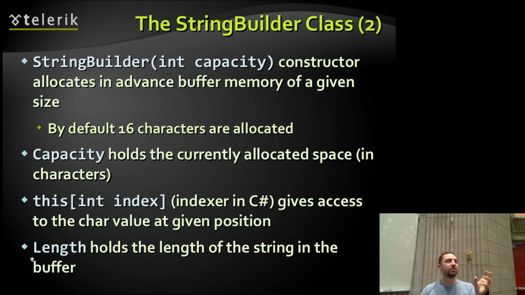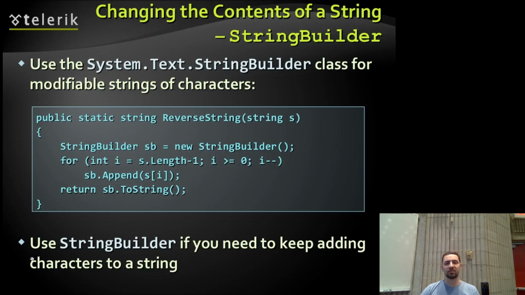But it'll probably do it in some sort of a doubling fashion. So it'll default to 16, and then 32, 64, 128, and so on. There is an indexer. The syntax is this, open bracket, int index, but it's whatever the name of the variable is, the instance variable. Bracket. So it's just the way you've always seen brackets, S sub I.